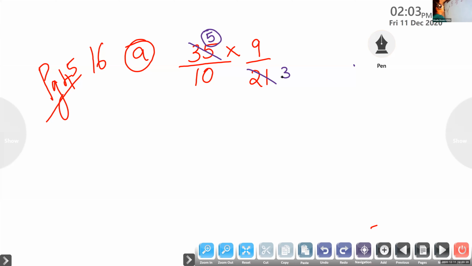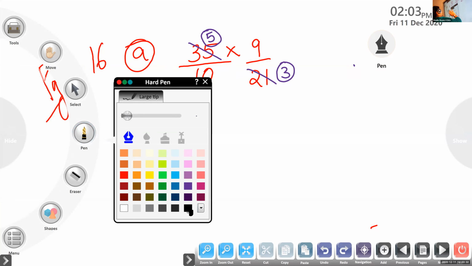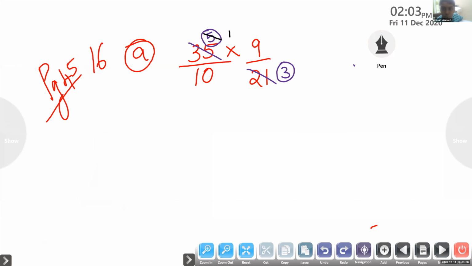Now again we can see 9 and 3, they have common factors. 5 and 10 also have common factors. 10 divided by 5 is equal to 2. Here it is 2. Here, what about 9 and 3? 3 3s are 9. Here it is 1. So what remains is 1 into 3.